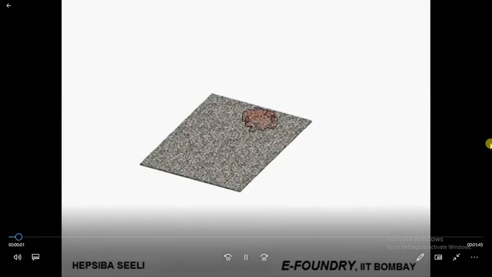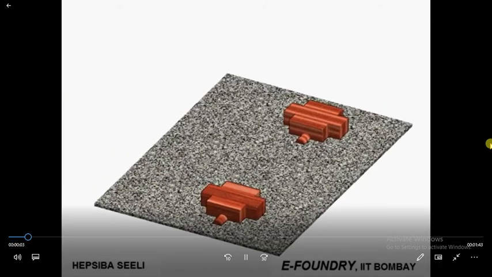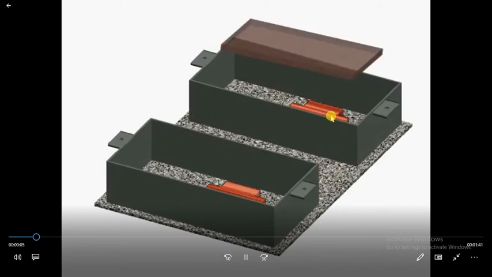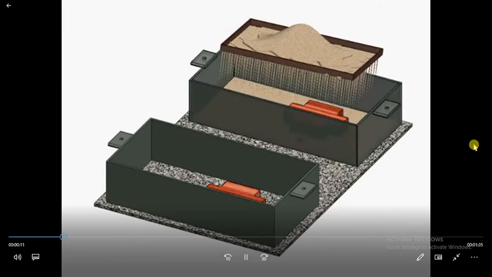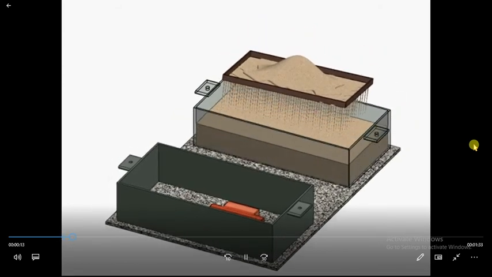Here you can see this is the required part. Further, sand is filtered into the box, which is known as a flask.